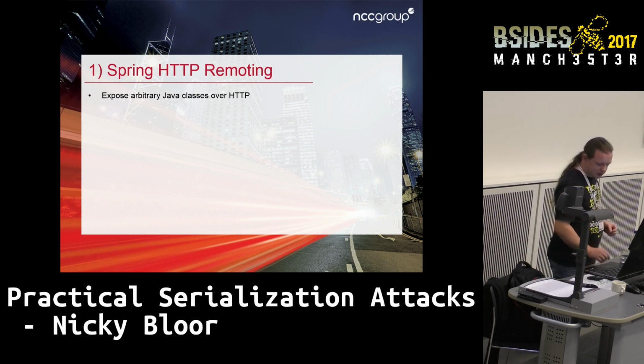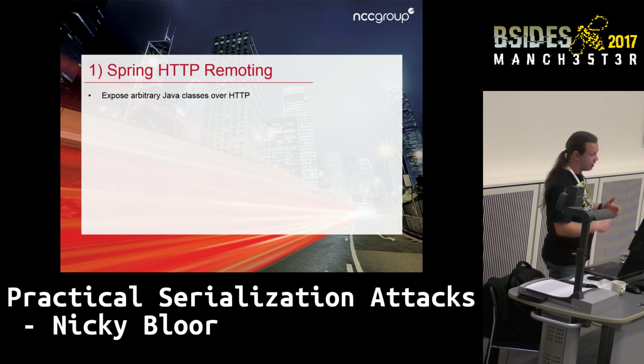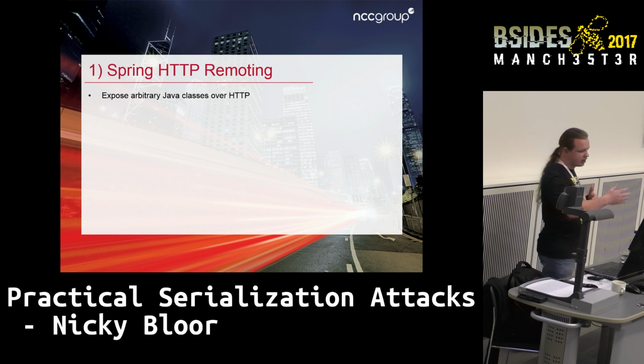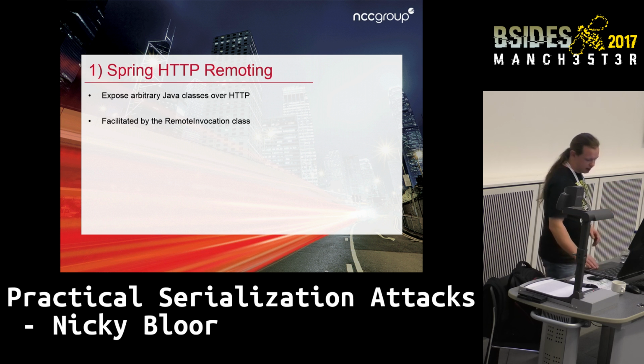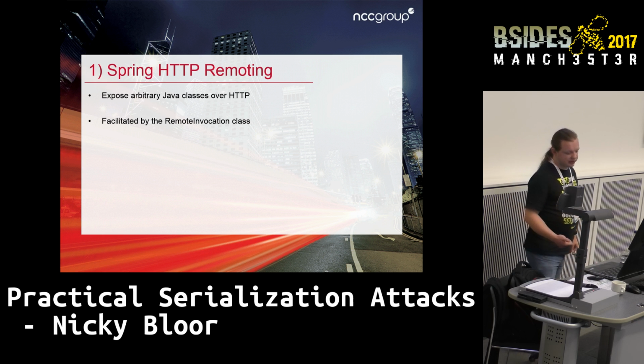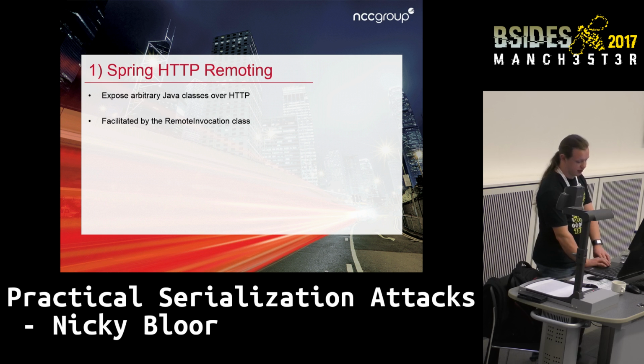in the background. So a developer can basically just call a method on an object, and Spring will do some work in the background to send that over the network over HTTP. It's facilitated by a remote invocation class, which is part of the Spring framework.